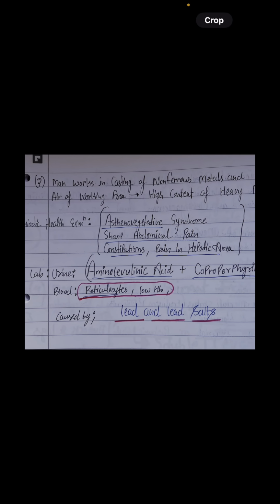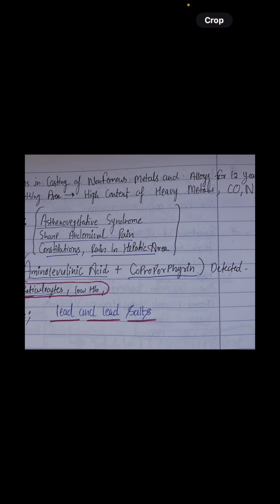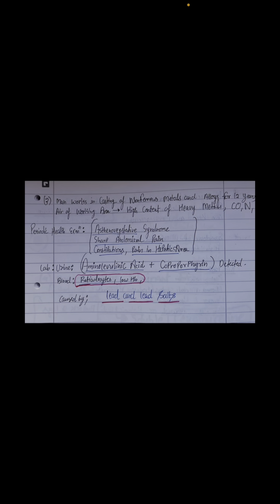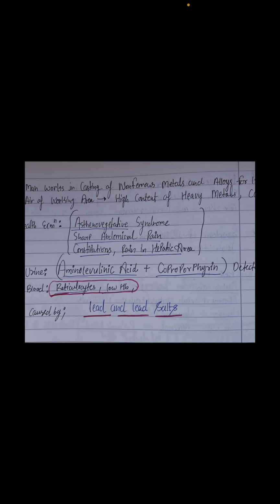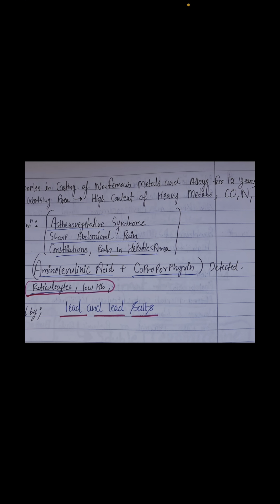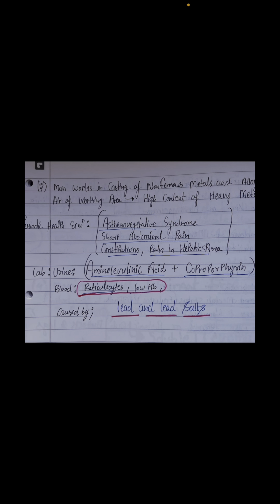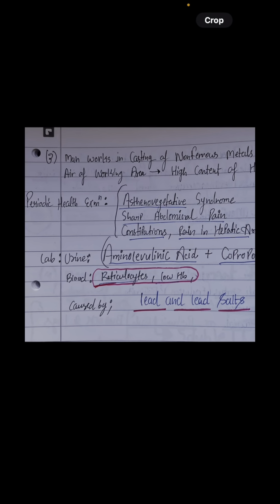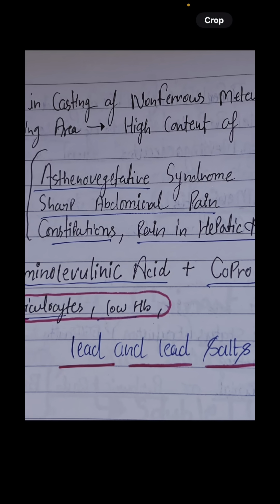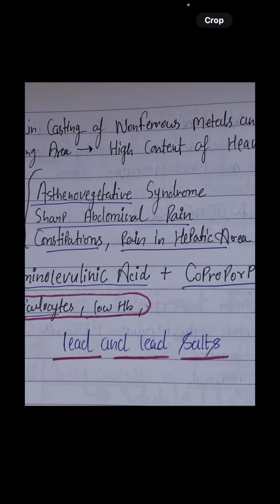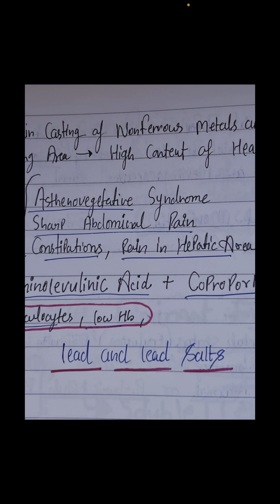A man works in the casting of non-ferrous metals and alloys for 12 years, and the air of the working area has a high content of heavy metals, carbon monoxide, nitrogen, and many more. The same thing: astheno-vegetative syndrome, like flu-type symptoms, let's say cough, fever.